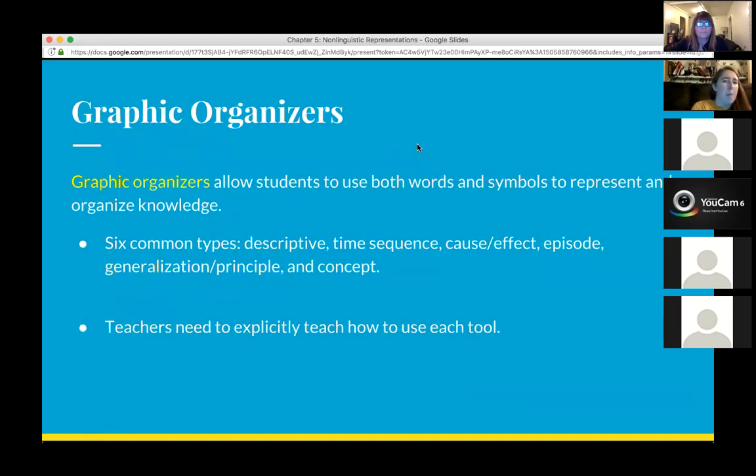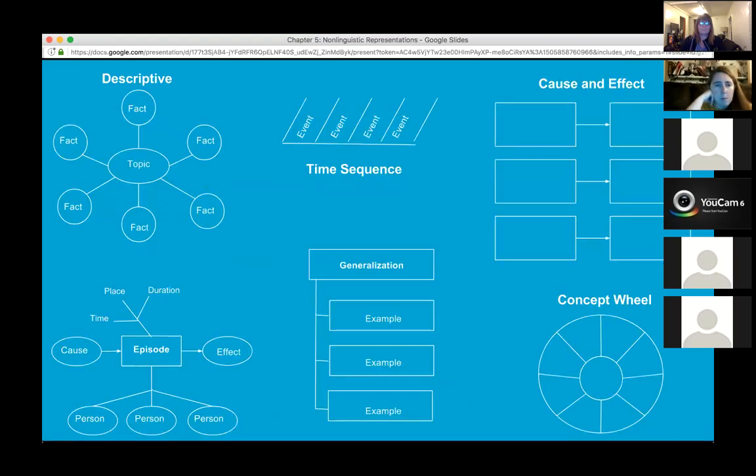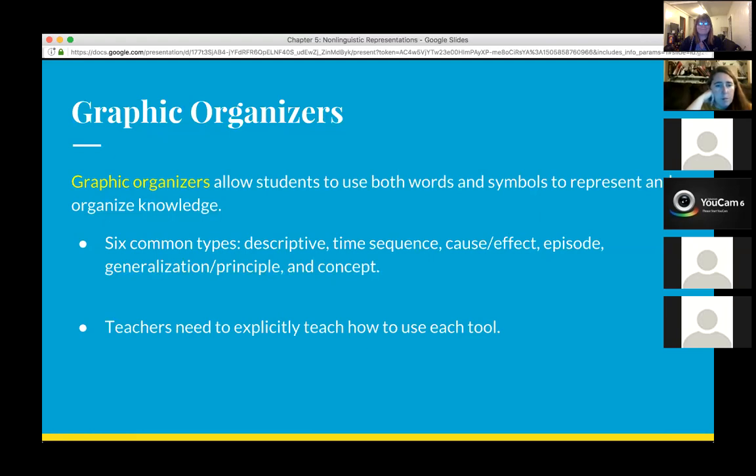So the first tool we're going to talk about is graphic organizers, and I'm sure many of you have used graphic organizers in your classrooms or within your own schooling careers. They allow students to use both words and symbols to represent and organize knowledge. There are 6 common types, which are descriptive, time sequence, cause and effect, episode, generalization or principle, and concept.